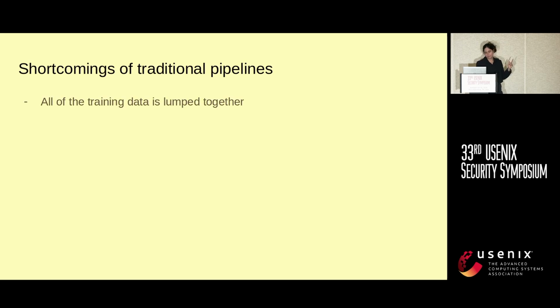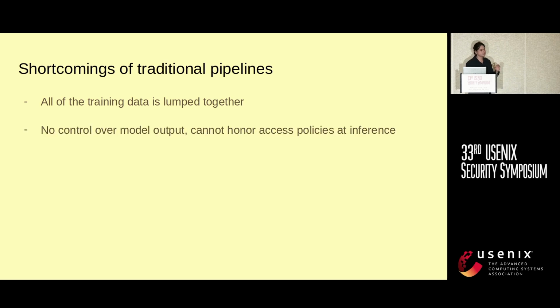So the first shortcoming is that all of the training data is pretty much lumped together into one giant data set. And because of how that training is done, the second shortcoming is that during inference, there's just simply no way to provide an access policy to the model and get it to honor that access policy.